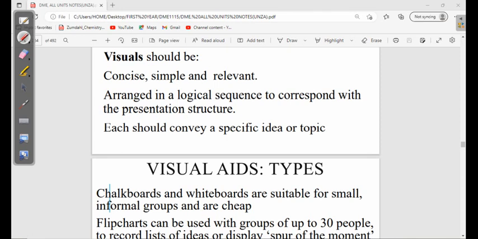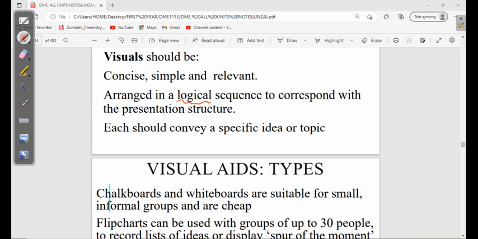And also it should be arranged in logical sequence to correspond with the presentation structure. So if you put your structure, my points are going to flow in this way. Make sure that the visual aids are arranged in logical sequence. Points are flowing in order, not this point, it doesn't even connect with another, like they're totally different points that you're talking about, and you put them together.